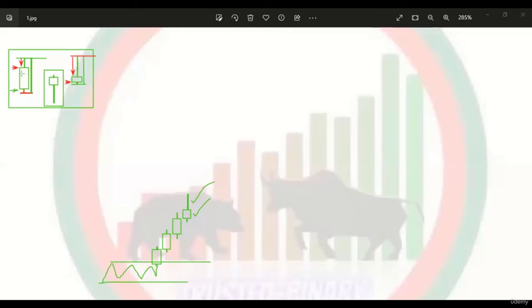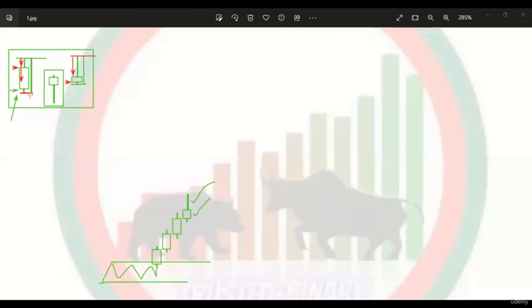Then this one. So which power in this candlestick is high? The first one is buyers. Because if the buyers were not so strong, definitely these sellers would push the market further down and close this candlestick lower.